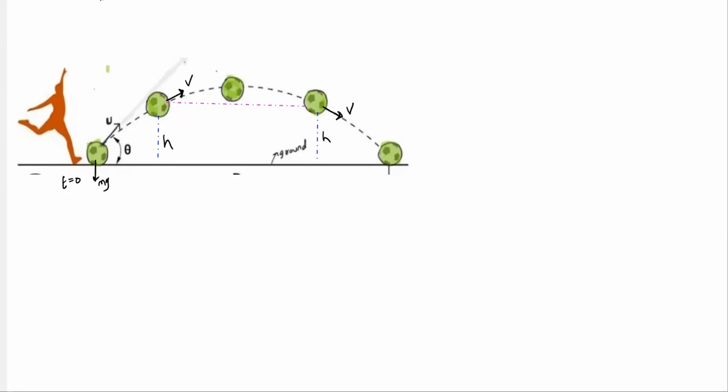Let me choose this one. It will be at the same height at t equals 0 and at time t1. Here it will have a velocity upward, and it will have the same speed here. The velocity will be different, but the speed has to be the same.